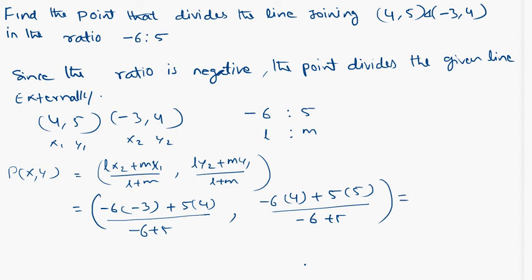That gives you -6 times -3, positive 18, plus 20, which is 38, divided by -1, comma, -24 plus 25, which is 1, divided by -1.